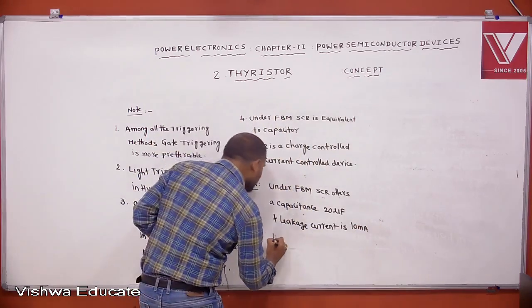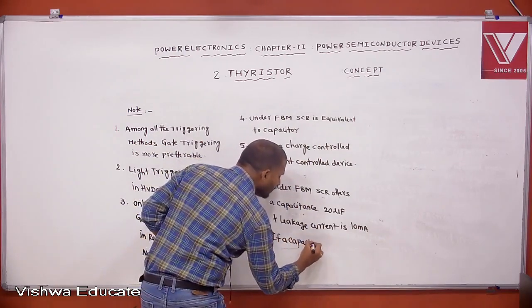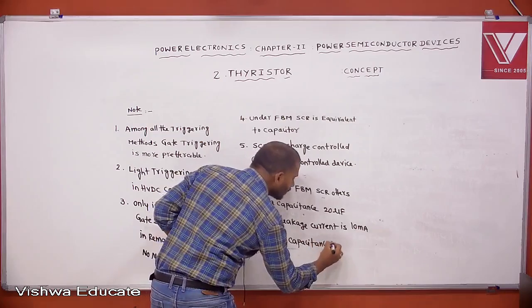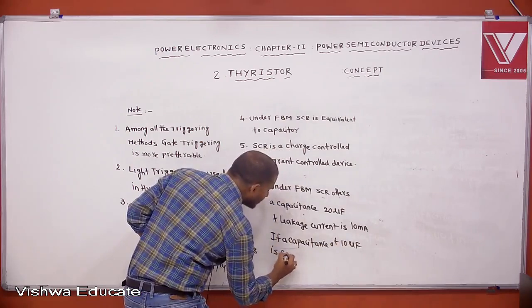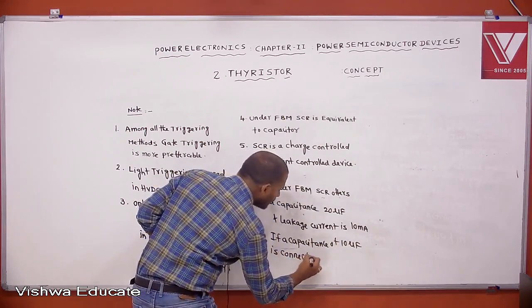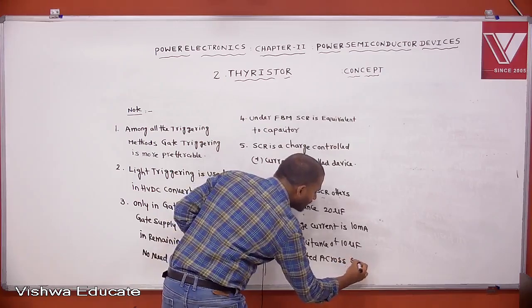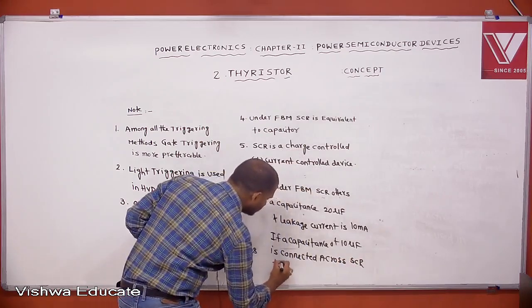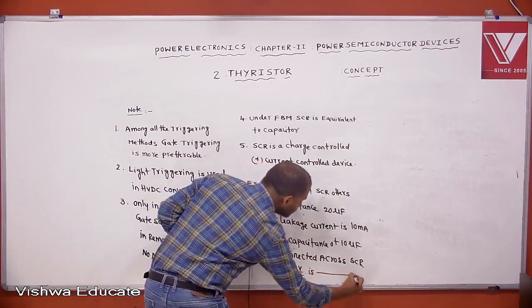If a capacitance of 10 microfarad is connected across the SCR, then dV/dt is dash.